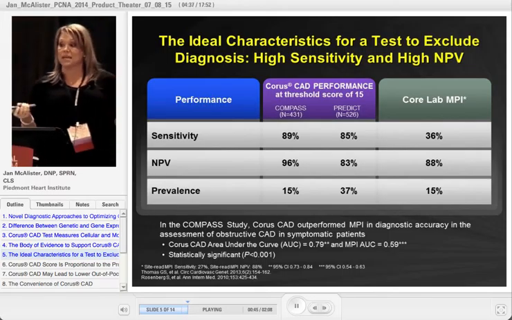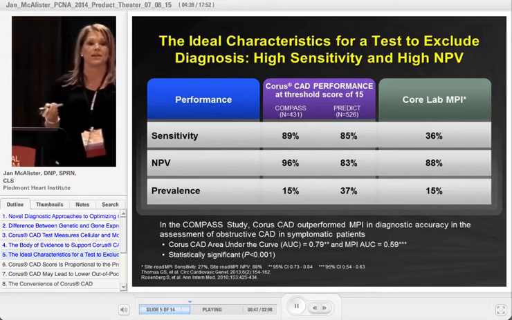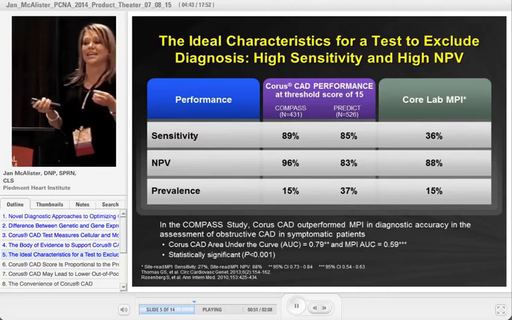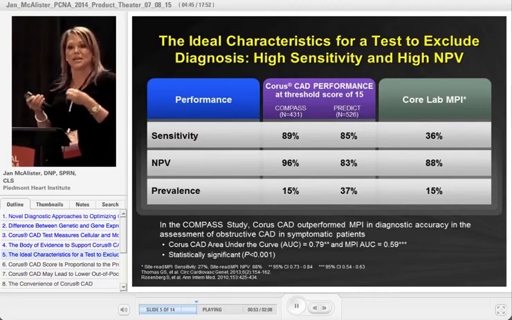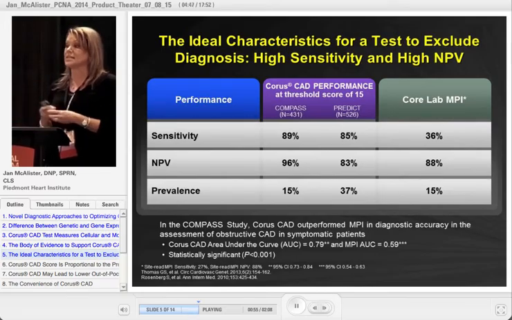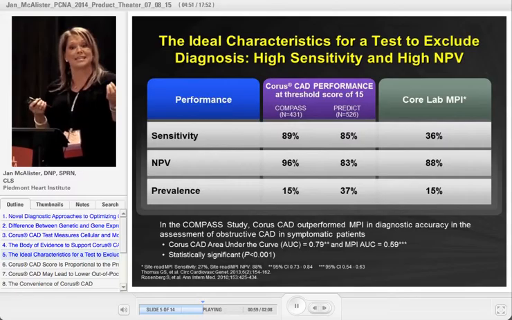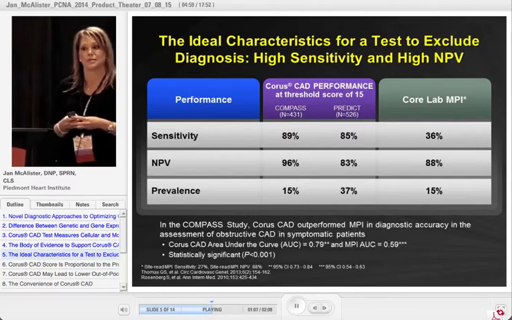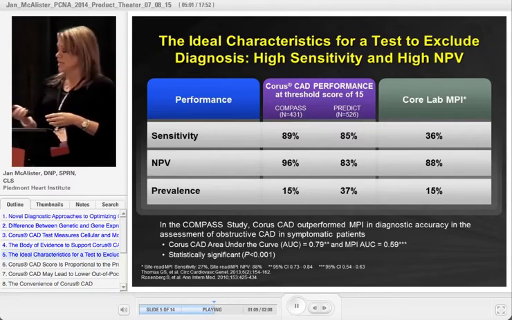What this means is that if you get a low score, the odds of this being obstructive disease are not that high. That's the negative predictive value. You do this test and you hope you get a low score, so it's reassurance it's not obstructive disease.